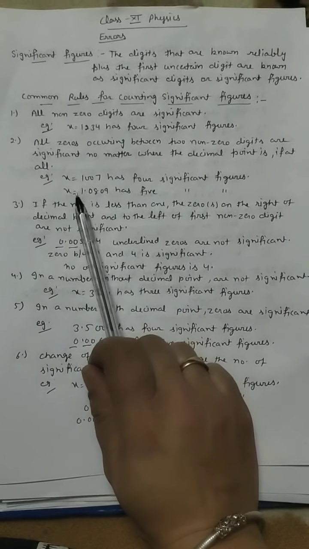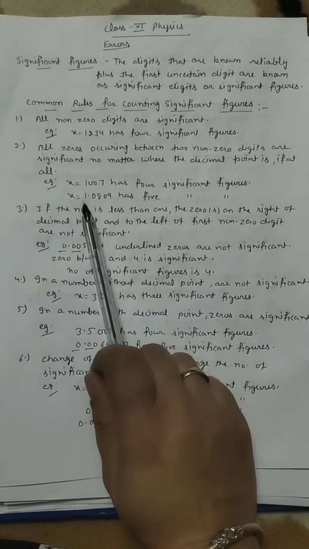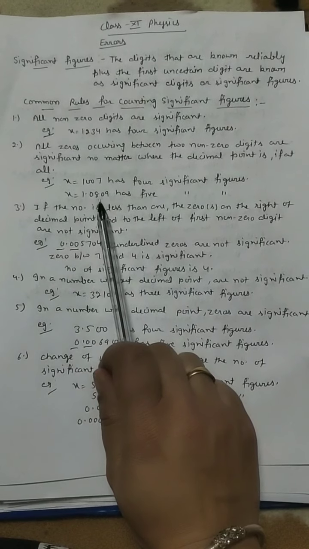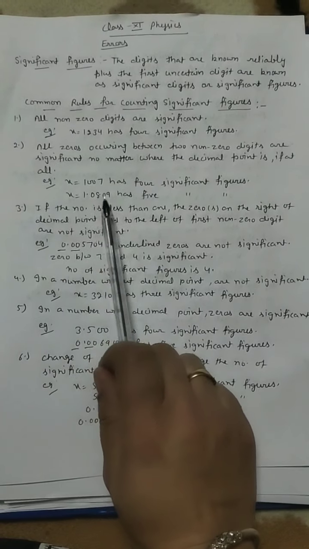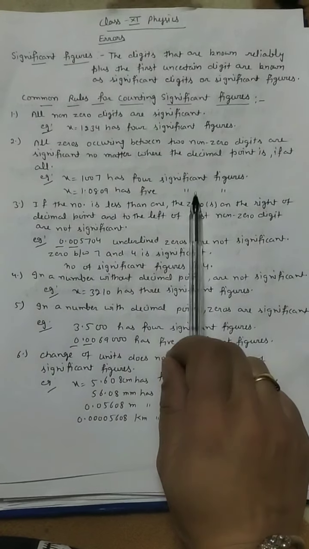Let's take one more example, 1.0809. The 1 and the 9 are non-zero digits and the zeros come between the non-zero digits, so we have five significant figures.